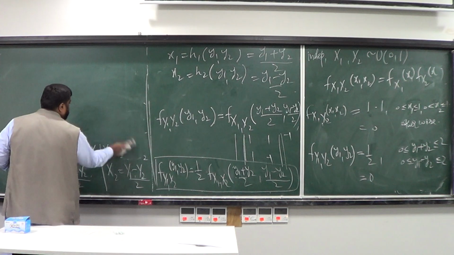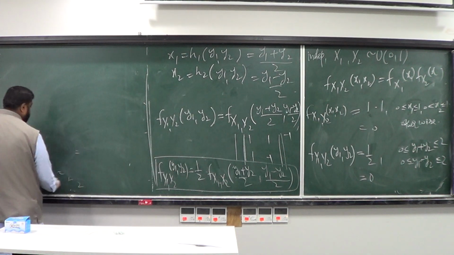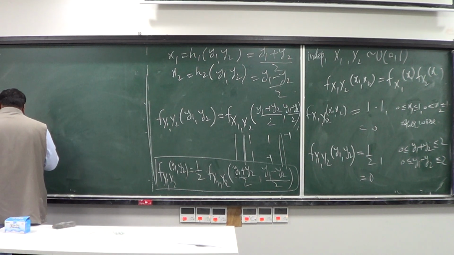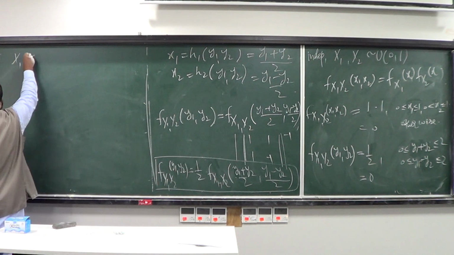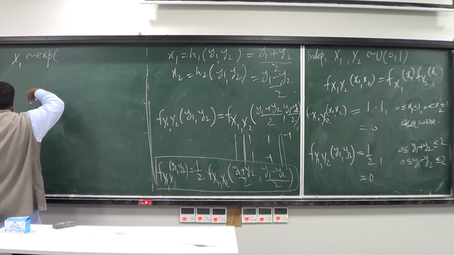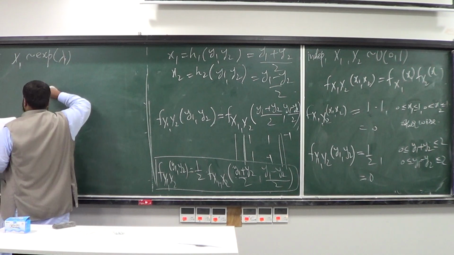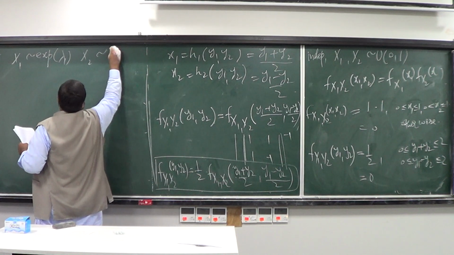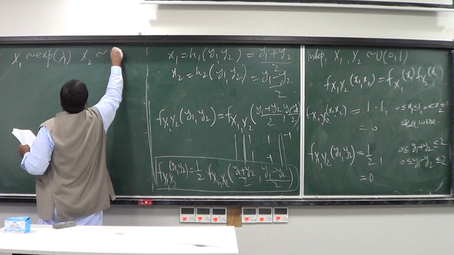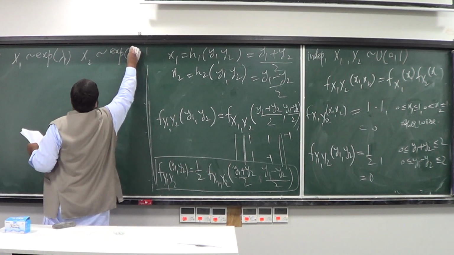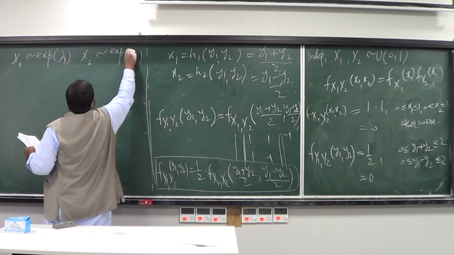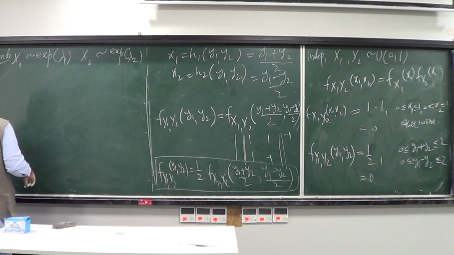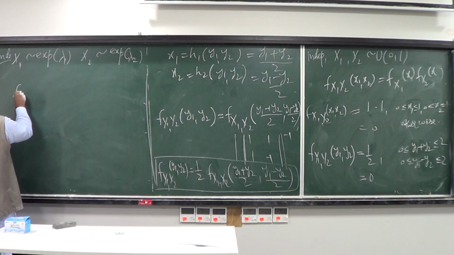Okay, so let's take x1 exponentially distributed with parameter lambda 1, and x2 exponentially distributed with parameter lambda 2, and let's assume that these are independent as well. Okay, so these are independent.